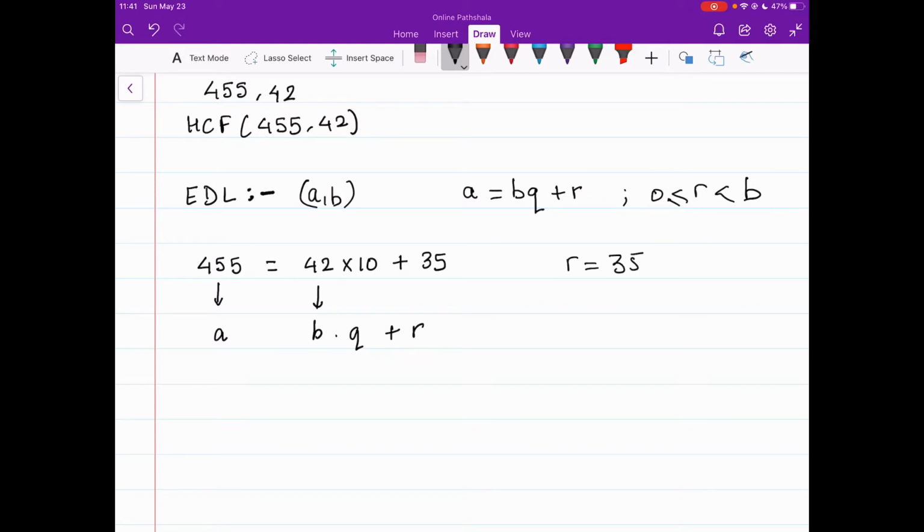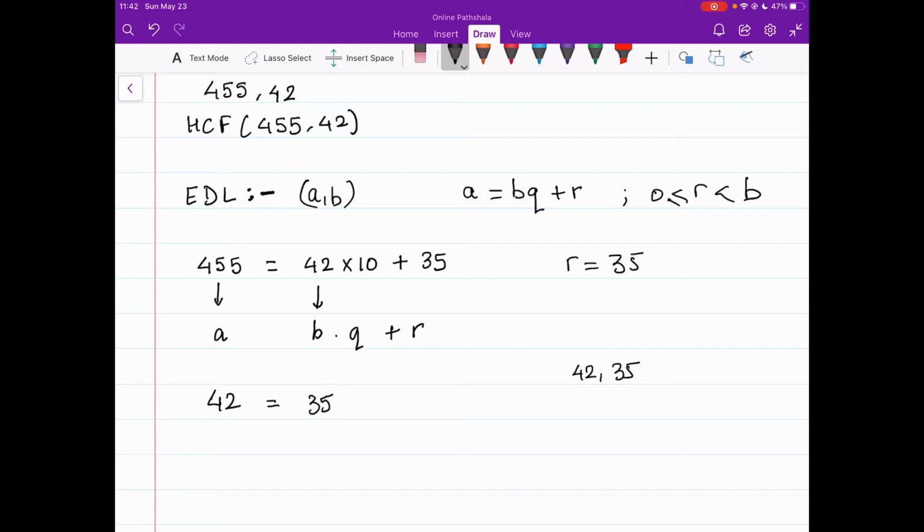Now we need to apply Euclid's division lemma again to the number B and the number R. So we take a new pair of numbers, 42 and 35, and apply Euclid's division lemma to it. 42 is the larger number, the other number is 35.